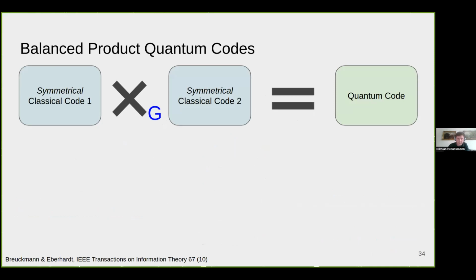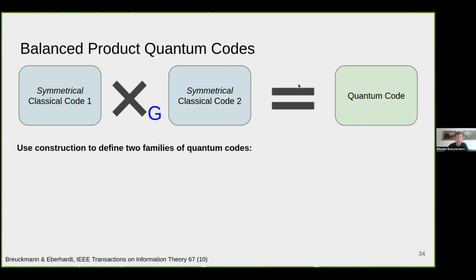A different construction, introduced by myself and a co-author, are so-called balanced product quantum codes, which are not randomized, but they require symmetrical input codes. So we take two classical codes which are symmetric under some group G, and we obtain a quantum code.